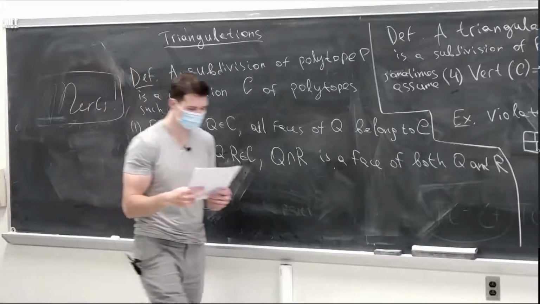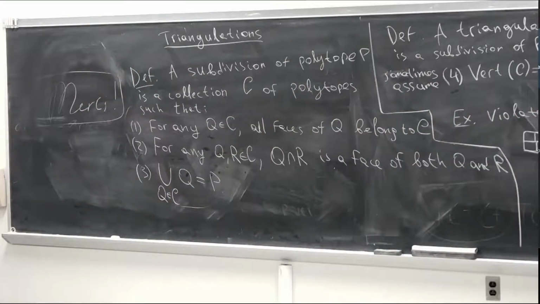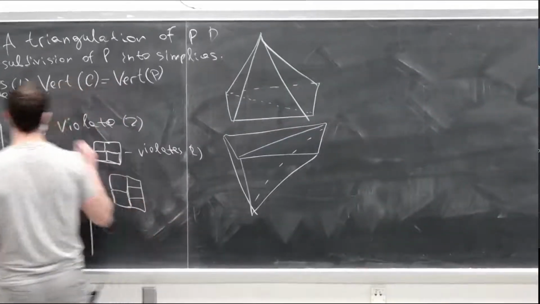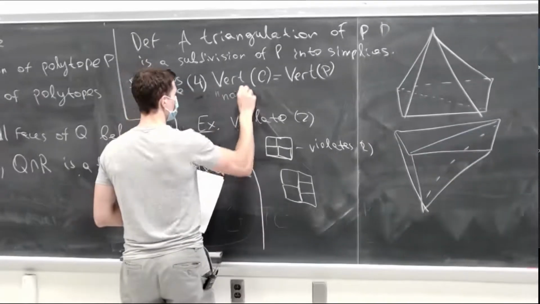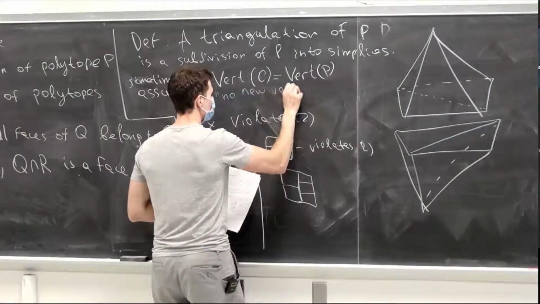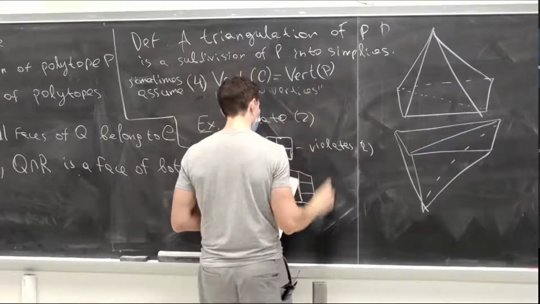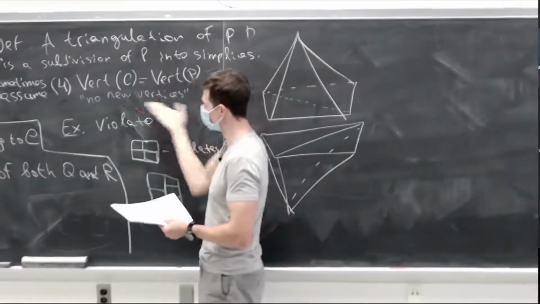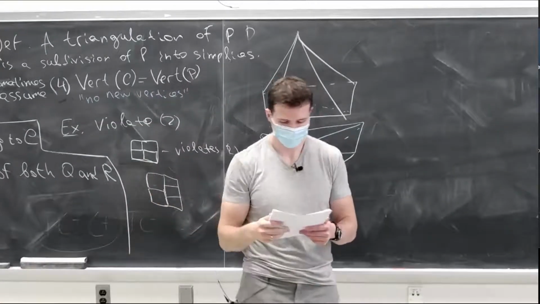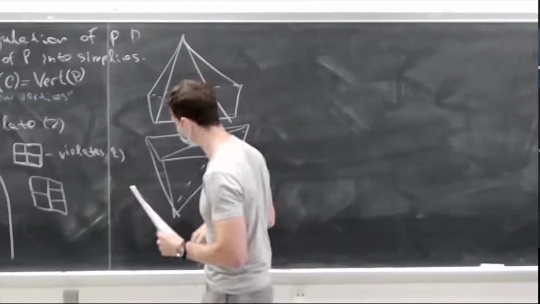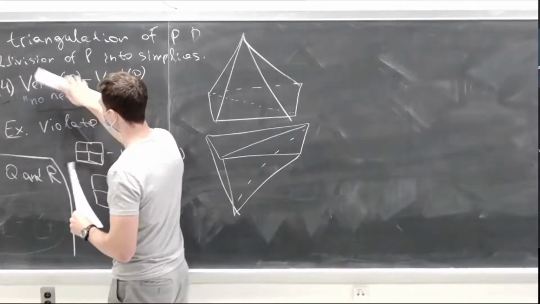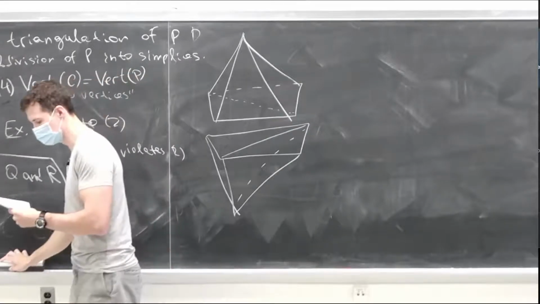At least that's how we study triangulations. And so I'm going to call this condition the no new vertices condition. Usually in a paper, you either include this or you don't, but in this class, it turns out that sometimes we're going to have to include it and sometimes not. So I decided to just make it sort of an optional condition here.